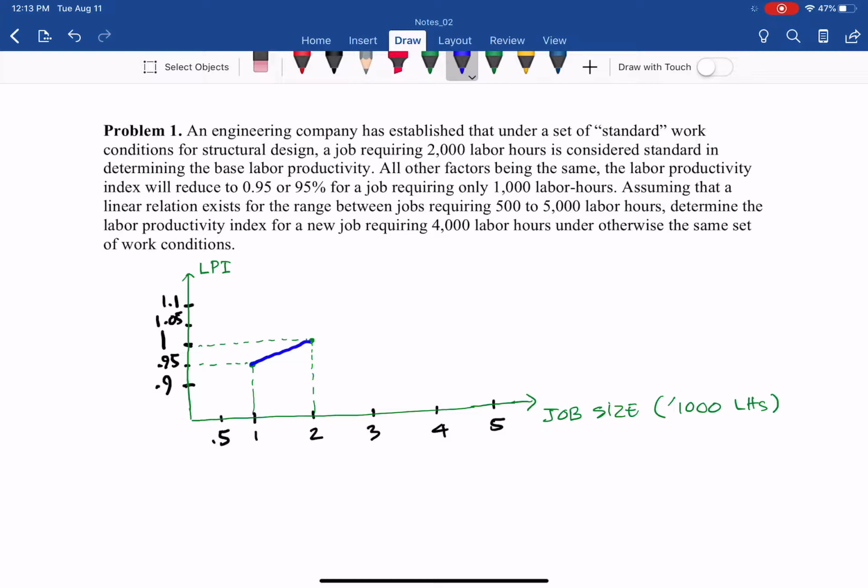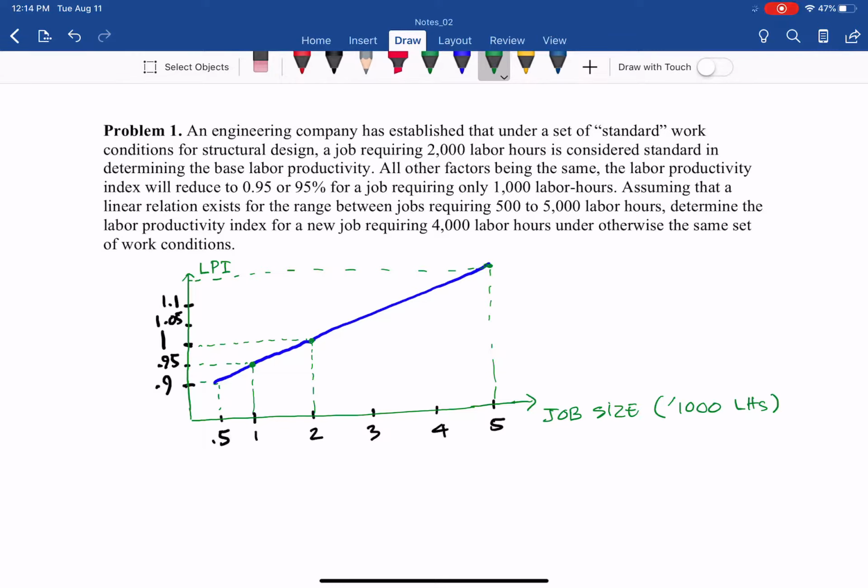Going down further to 500, it will be 0.9 there, and the linear relation goes up from 500.